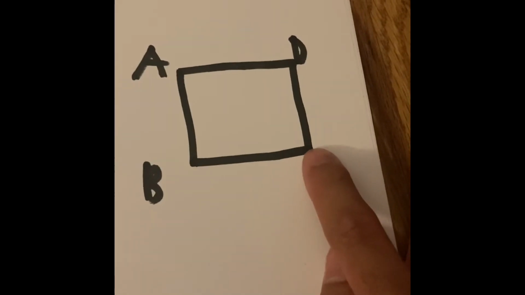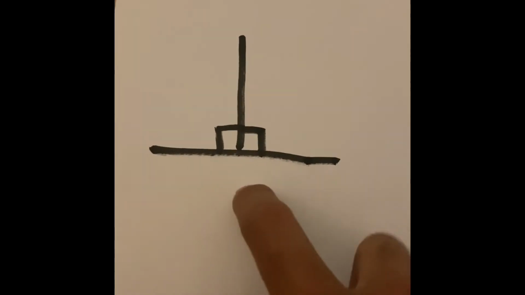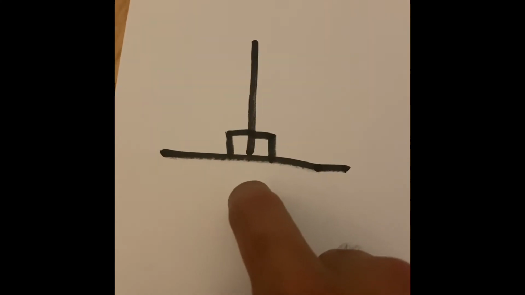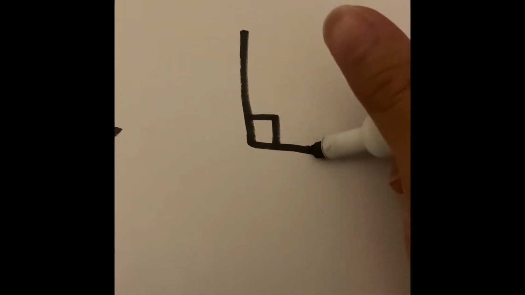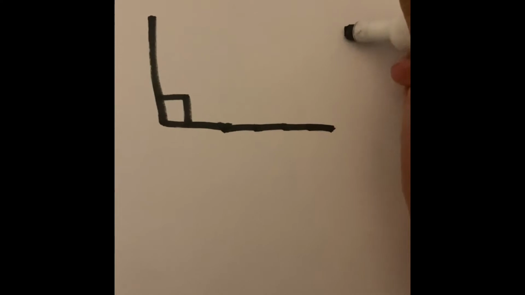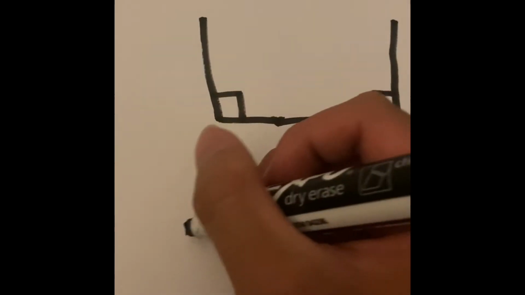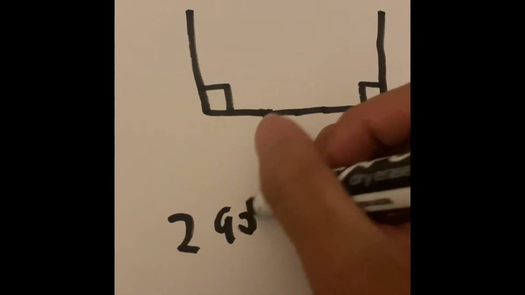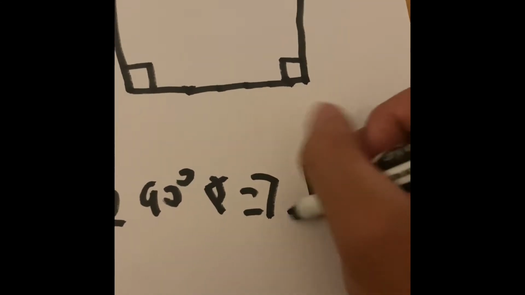That leads to another thing with perpendicular lines. You may think perpendicular lines look like these, but they can also look like this, where there's one 90-degree angle right here and another 90-degree angle right here. The definition of perpendicular lines is two 90-degree angles.